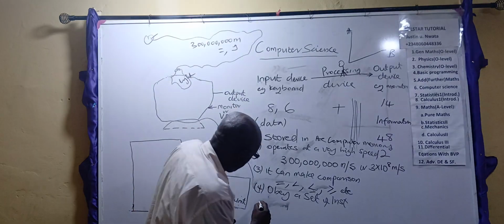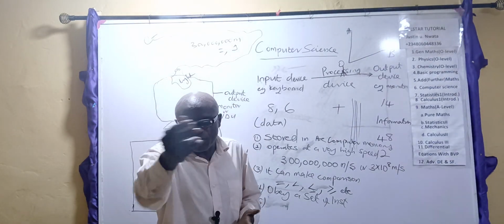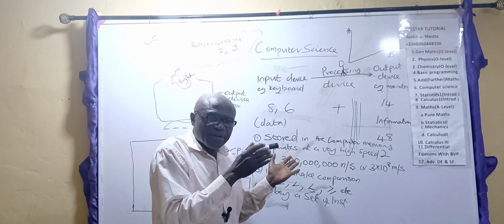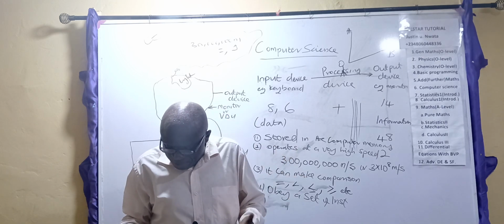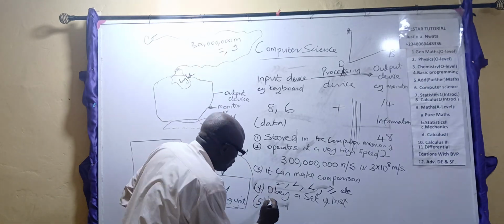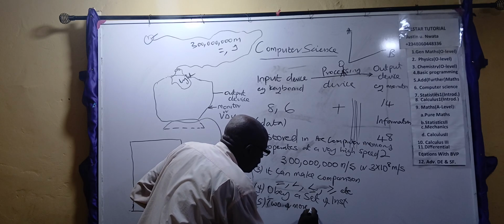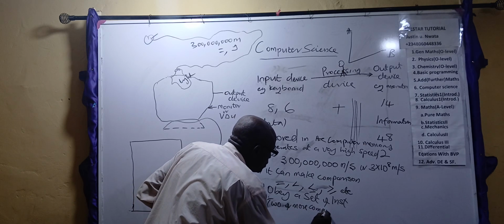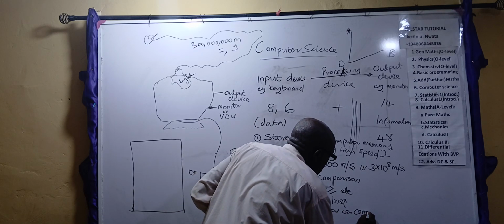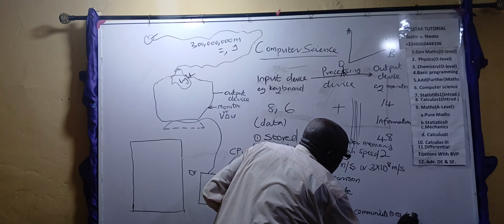And again, one other good thing about the computer. As human beings communicate, as I'm here, I'm communicating to you. You are in one part of the world, like Africa, communicating with somebody in America or in Asia. As human beings can talk to each other, two or more computers can communicate to each other.